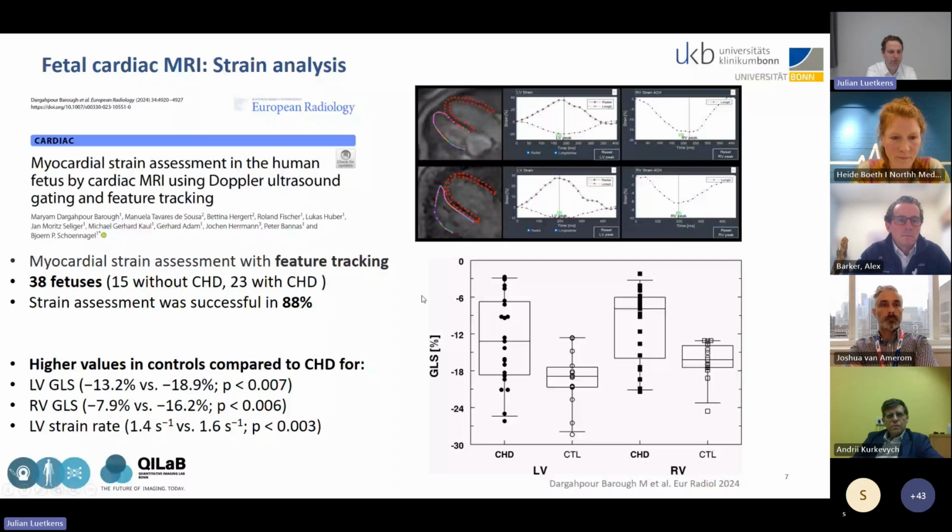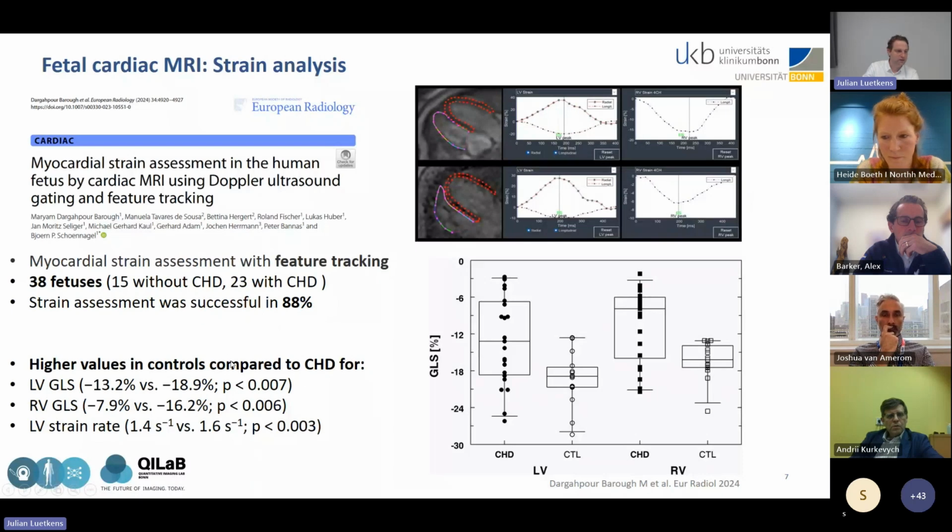This is another paper from Hamburg, where they also did myocardial strain assessment with feature tracking in 38 fetuses. In this group there were 23 fetuses with congenital heart disease, although the congenital heart disease were mostly septal defects and also valve anomalies. Strain assessment was successful in this study in 88% of cases.